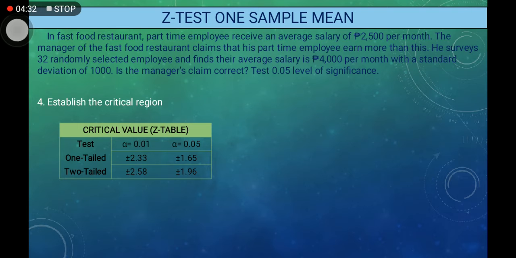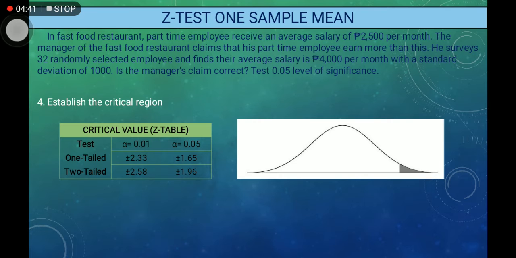So, dun tayo titingin. And kung ano yung katapat nilang dalawa, yun yung kukunin natin na magiging Z table or Z-tab. So, our Z-tab is 1.65. Dahil nga right directional test siya, positive ang kukunin natin. Kaya 1.65.